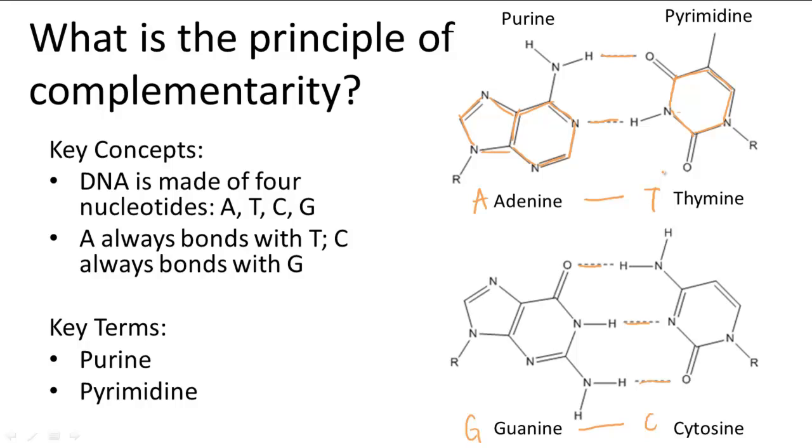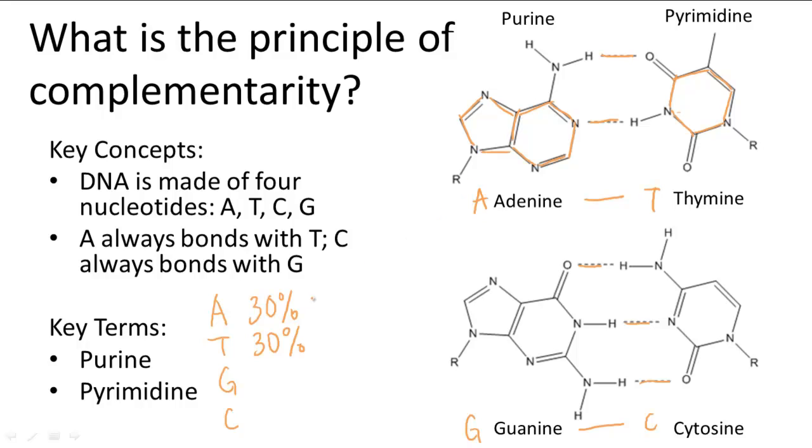We can apply this to solving a problem. For example, if we know that 30% of DNA is made from adenine, from that number we can determine the percentages of all the rest of the nucleotide bases. Thymine is equal to adenine in its count, and so it also takes up 30% of the DNA.